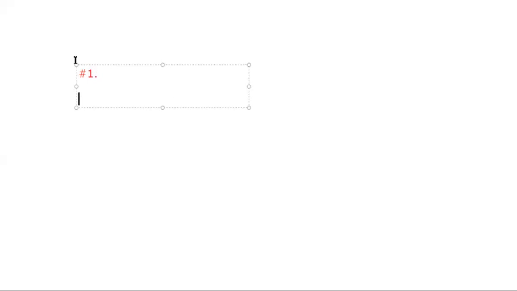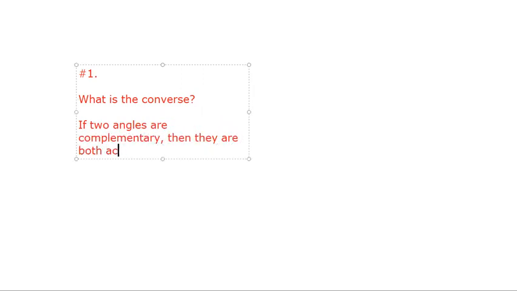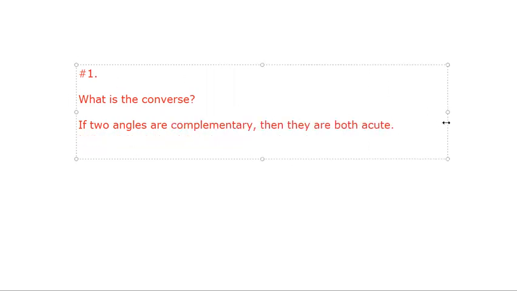It's asking us for the converse. Look back at your notes and figure out what the converse actually means. So if two angles are complementary, then they are both acute. If two angles are complementary, then they are both acute. So let's first get the hypothesis.